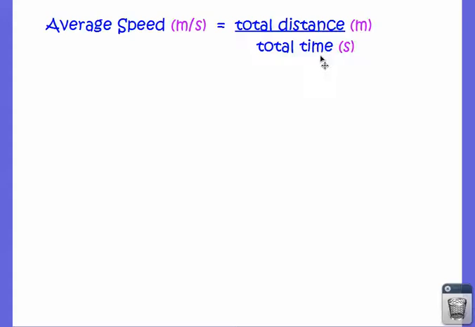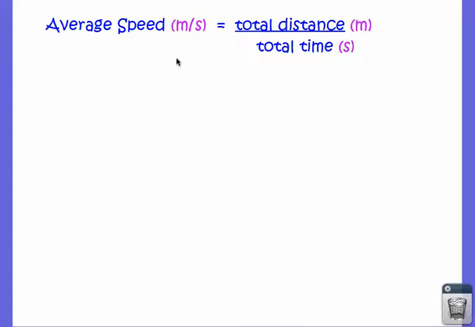We use SI units for those, and if we take those together, that gives us our average speed SI unit, which is meters per second. This essentially tells you how many meters are traveled in just 1 second worth of time. Now, we don't always measure distance in meters, or always measure time in seconds, so we don't always measure average speed in meters per second.